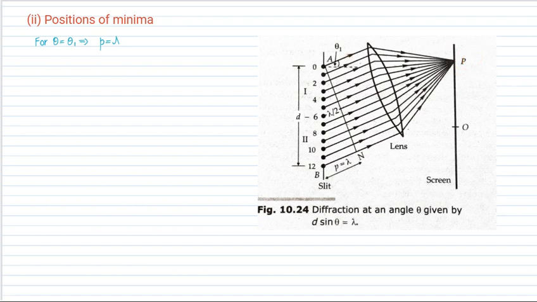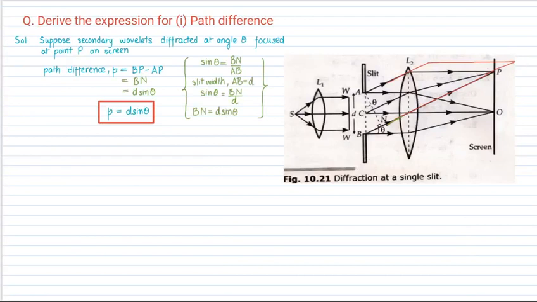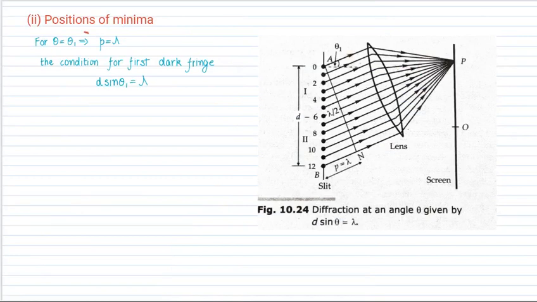So let's write the condition for the first dark fringe. We have derived the expression for the path difference: d sin theta. But in this case, we are considering the angle theta 1, which represents the angle for which you will get the first dark fringe.